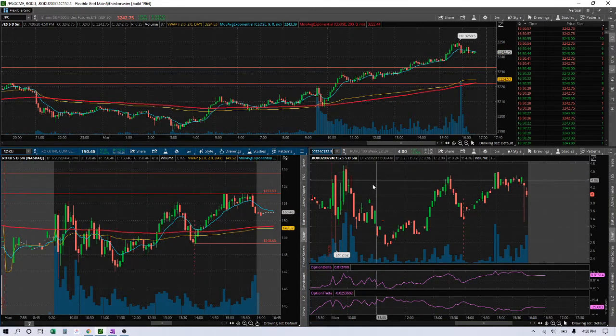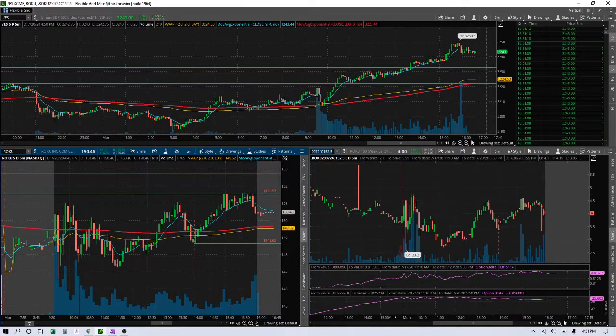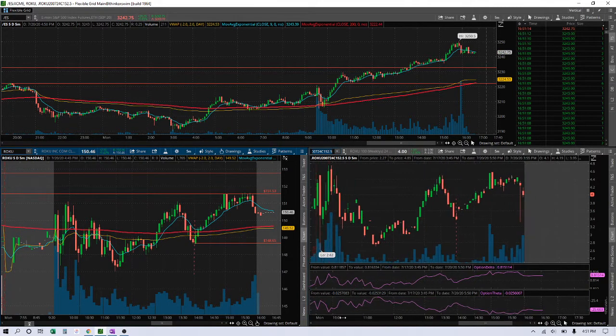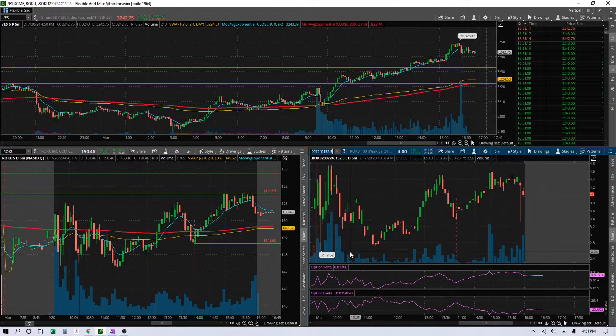And yes, to some extent, this graph looks pretty similar to this graph in terms of its ups and downs and highs and lows, but no, it is not exactly the same. There are some important things you need to understand while looking at these option contracts to know if you're getting a good deal.